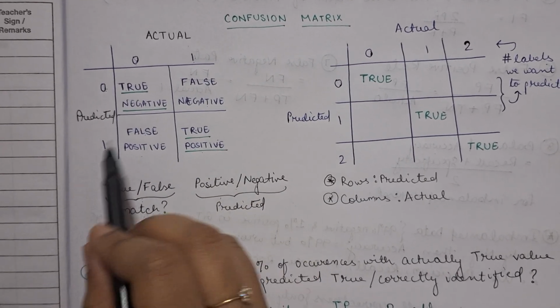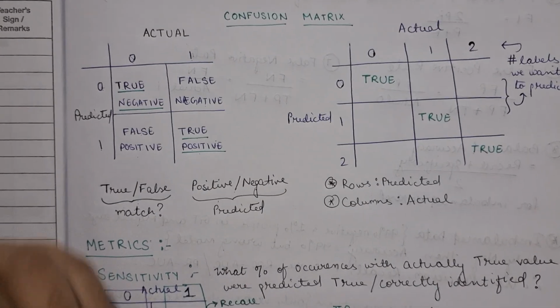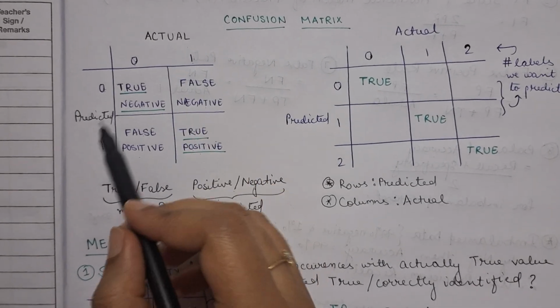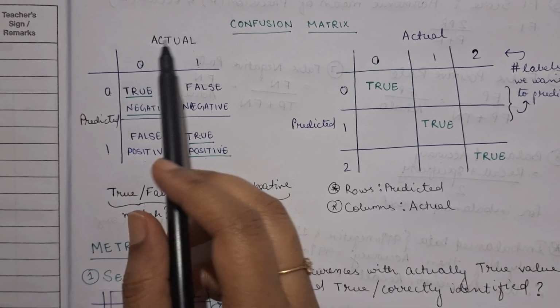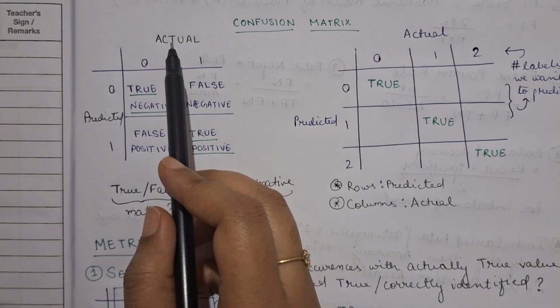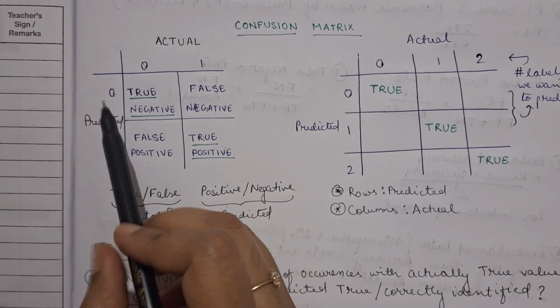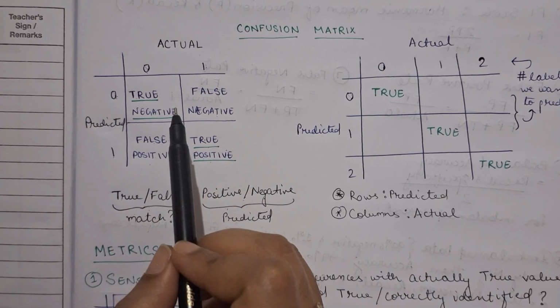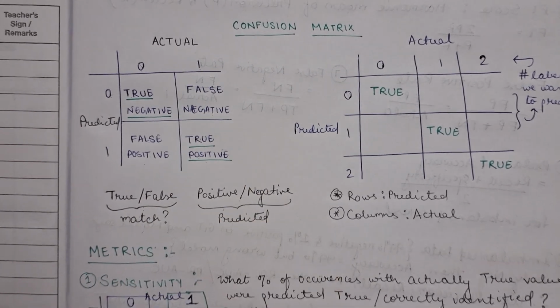So ultimately from the naming convention only you can get to know whether the actuals and predicted have matched or not. Generally in the confusion matrix you can keep the actuals in the rows and predicted values in the columns as well, but let's maintain a convention to write predicted values in the rows and actuals in the columns.